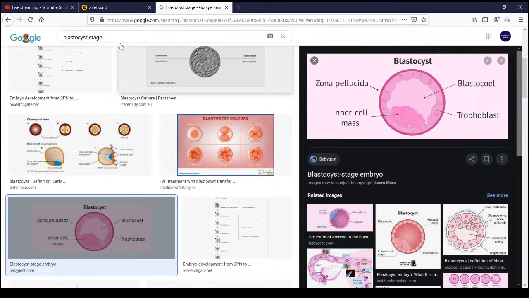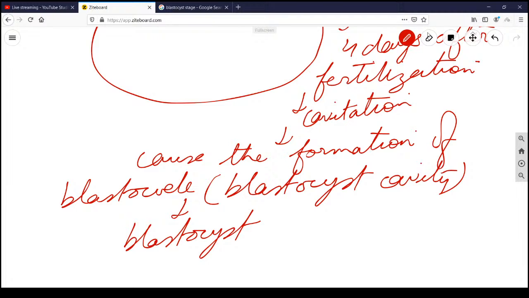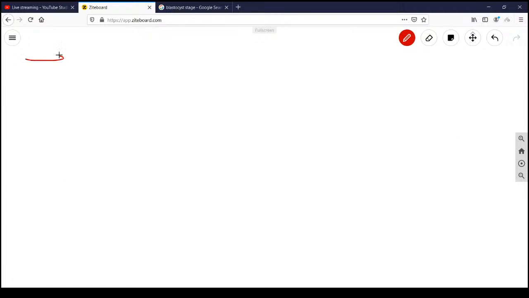Okay, I'll write it down. At the blastocyst stage, many of you make the amateur mistake that at the blastocyst stage the zona pellucida is absent.